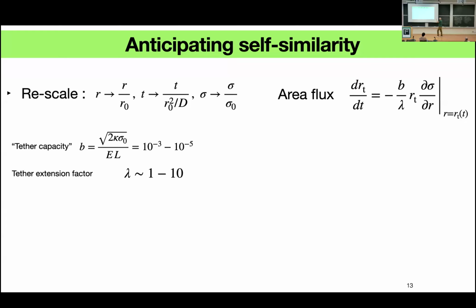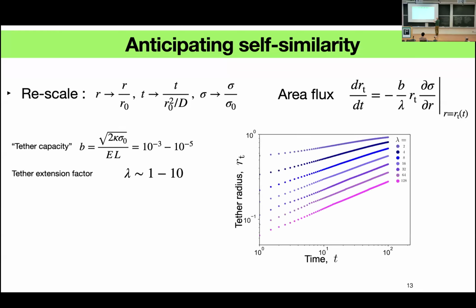And the other is this quantity B, which I would call the tether capacity by analogy with heat capacity, in the sense that B tells you for a given gradient in tension, remember, it's the gradients in tension that cause the flow into the tether, how much the radius is going to change for a given flux.